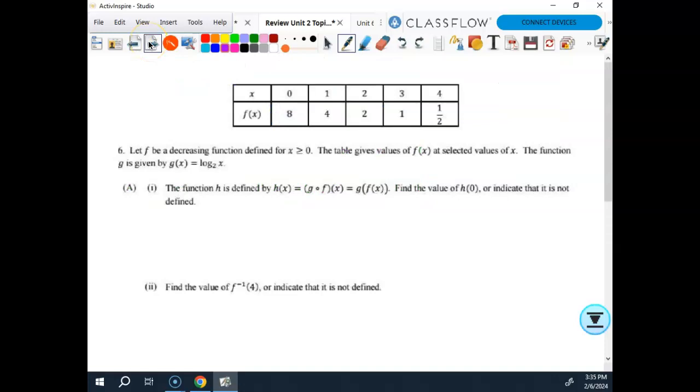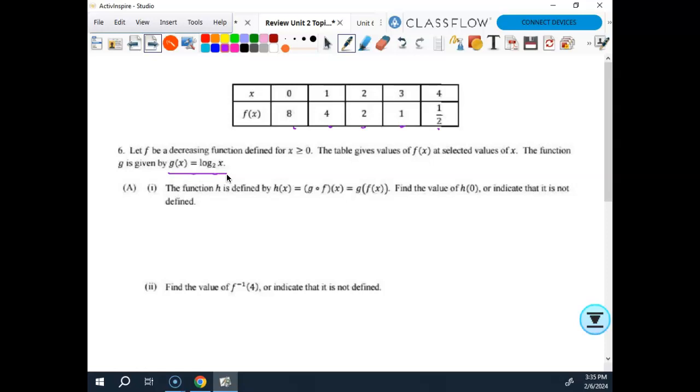All right, so we've got f be a decreasing function, and they told me it's decreasing, plus I can see that it's decreasing. The table gives values for f of x. The function g is given by this right here. So function h is defined by g of f of x.